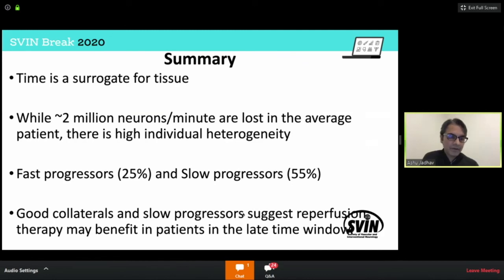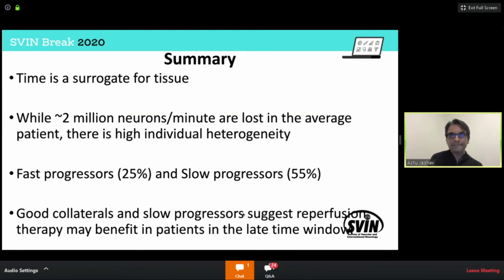And roughly, we think about 25% of patients are slow progressors, 25% are fast progressors, and 55% are slow progressors. And we think that this good collaterals and slow progressors give us some basis for offering reperfusion therapy in the late time window.